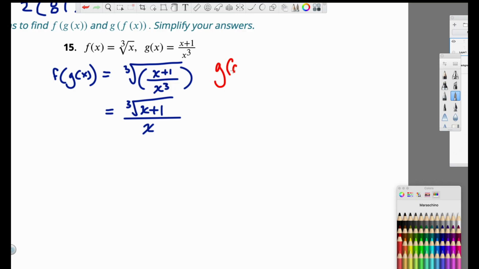g of f of x. Let's write the g function here. So anywhere I have an x, I'm going to put parentheses. Okay, so there's an x there and an x there. And so we're going to put the f of x in for that x. So this is going to be cube root of x here, and this one is going to be the cube root of x here.